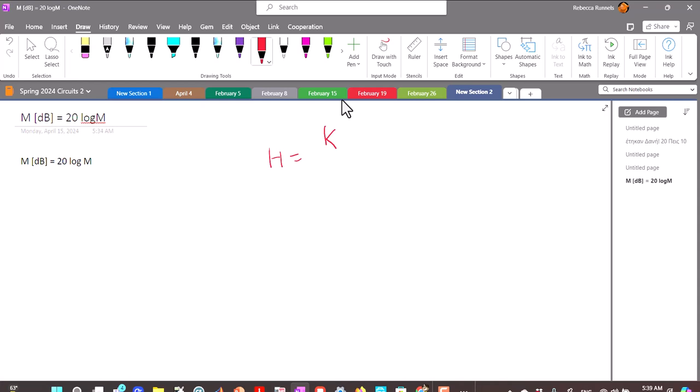So in the numerator, you might have some zeros, and that would be j omega to the capital N, so the N is just the exponent. Those would be zeros at the origin, and you might have some simple zeros that you would write like that.